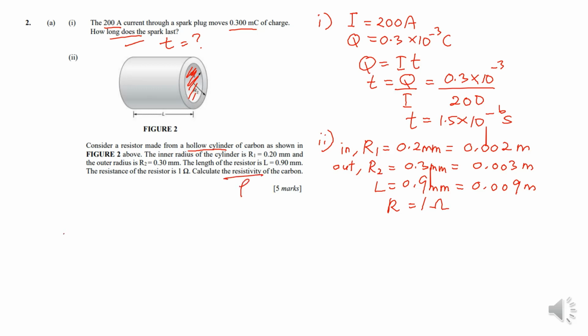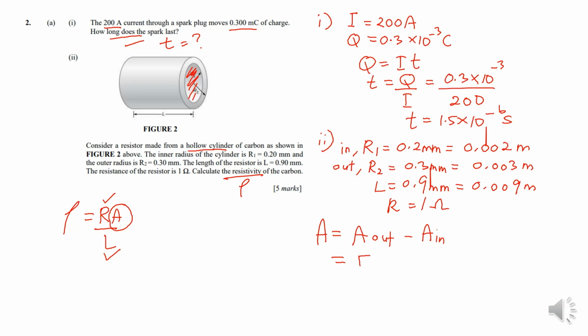So kita tahu resistivity rumus dia RA over L. So R diberi 1 ohm, area kita nak cari yang luar ni sebab yang dalam tu kosong, dan length diberi. So area yang kita perlukan adalah area of the outer tolak dengan area inner.